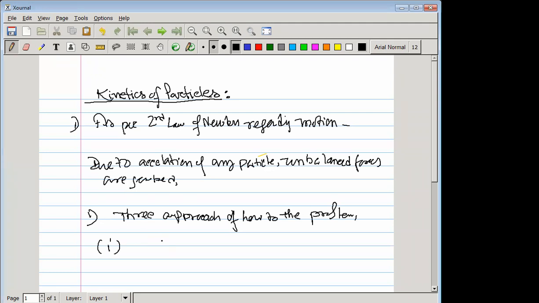Any kinetics type of problem we can solve in three different ways.